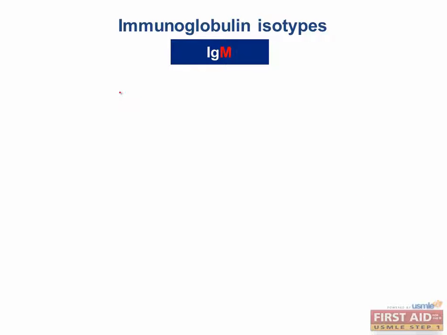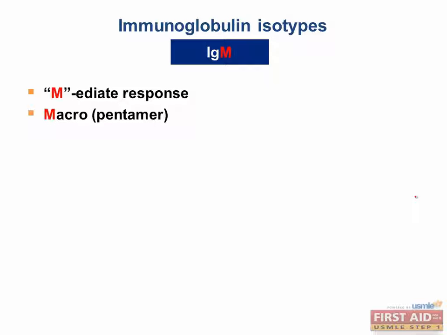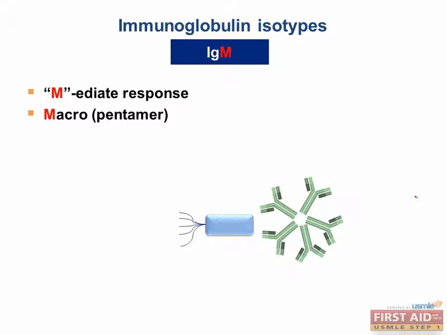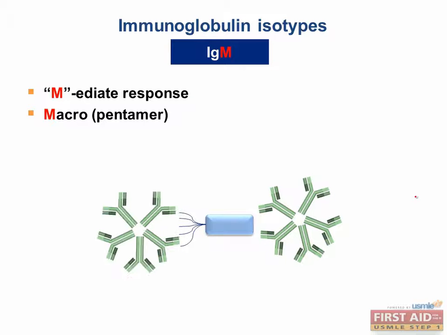Next up, IgM. Remember, it's the immediate response. The first antibody made by B cells. It's macro, mega, it's huge. Remember, it's a pentamer. 5 antibodies strung together. And so you don't want to get in the way of that sucker. So typically what IgM does is it's the first responder.